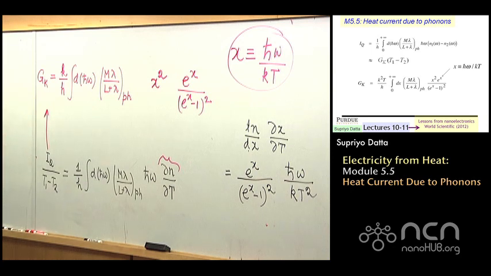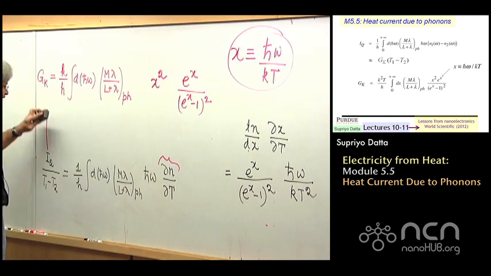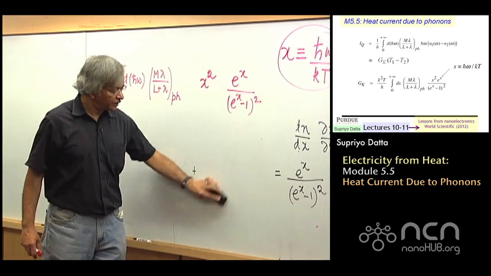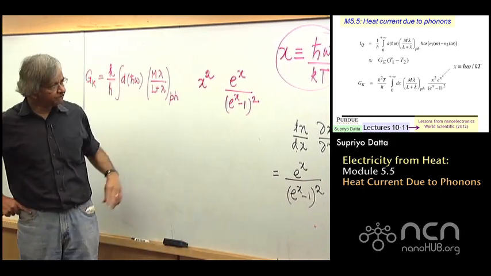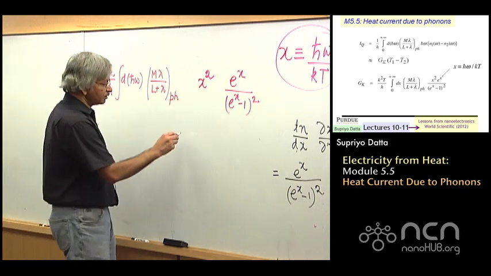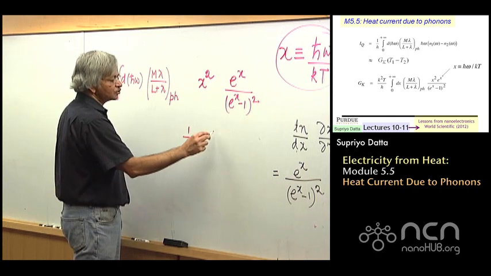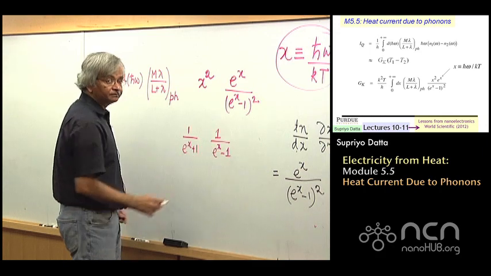Okay? Now, one interesting point in terms of evaluating these things I should mention is, I had said earlier that compared to the Fermi function, this Bose function, the only difference is, while the Fermi function looked like 1 over e to the power x plus 1, the Bose function looks like 1 over e to the power x minus 1.